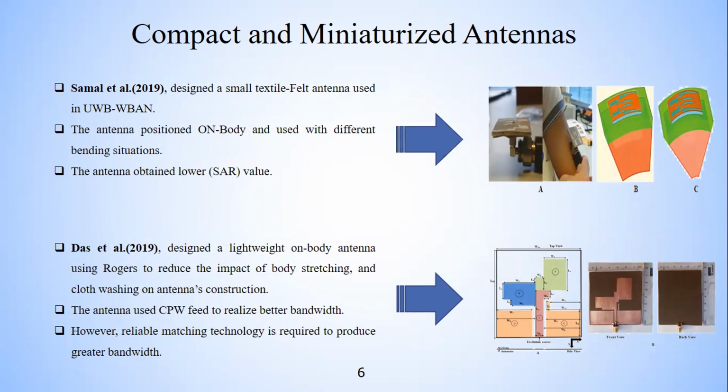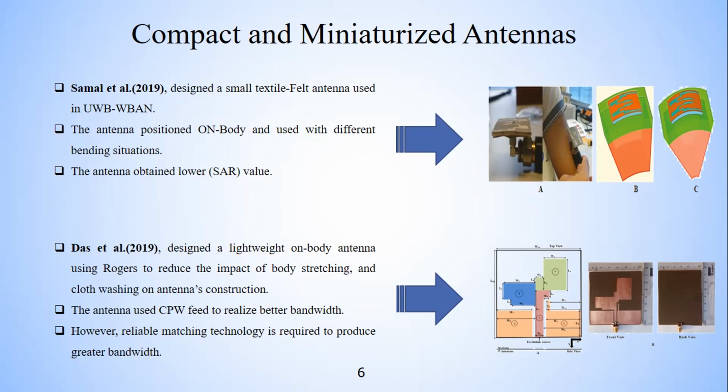They have studied different kinds of bending situations. I mean, if we are talking about patients, for detection of tumors or breast cancer, they can bend all the time comfortably with different bending degrees. The antenna obtained lower SAR values.